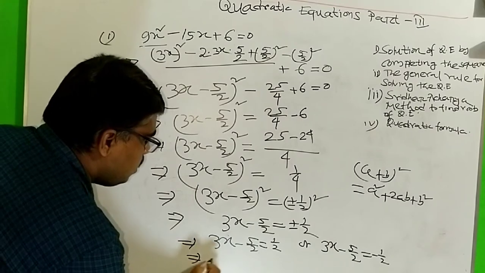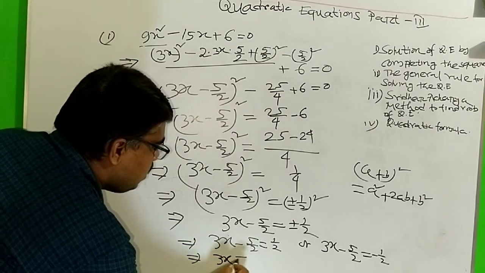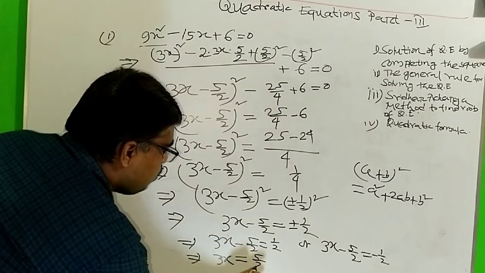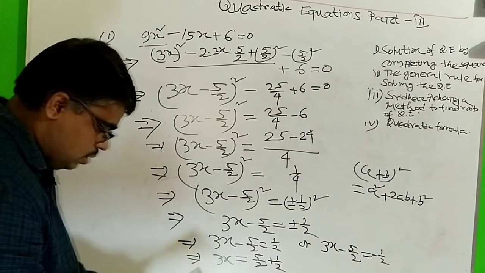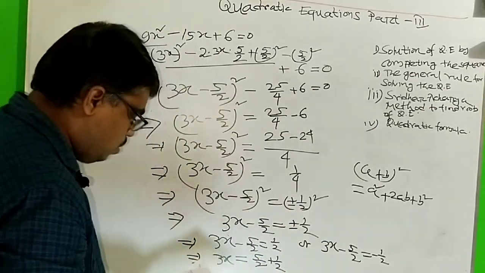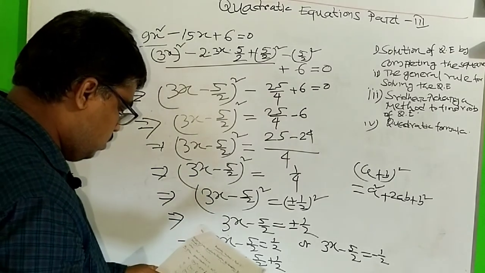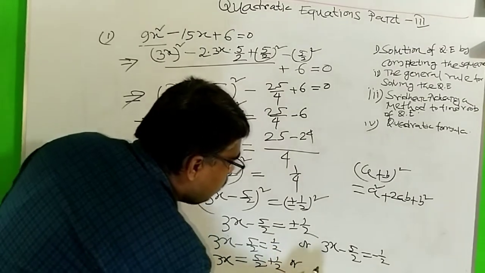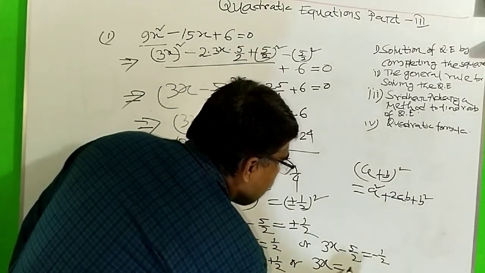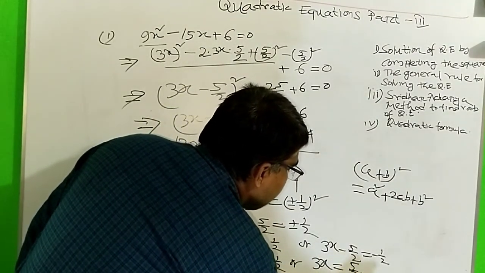That is 3x is equal to 5 by 2 plus half, or 3x equal to 5 by 2 minus half.